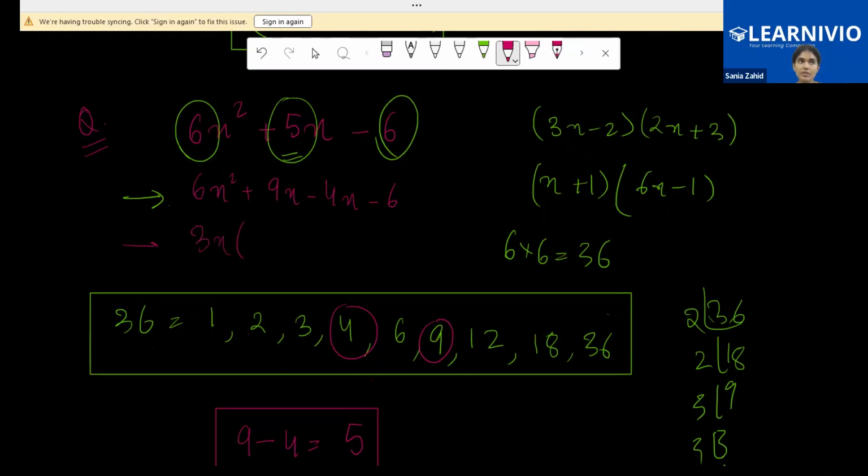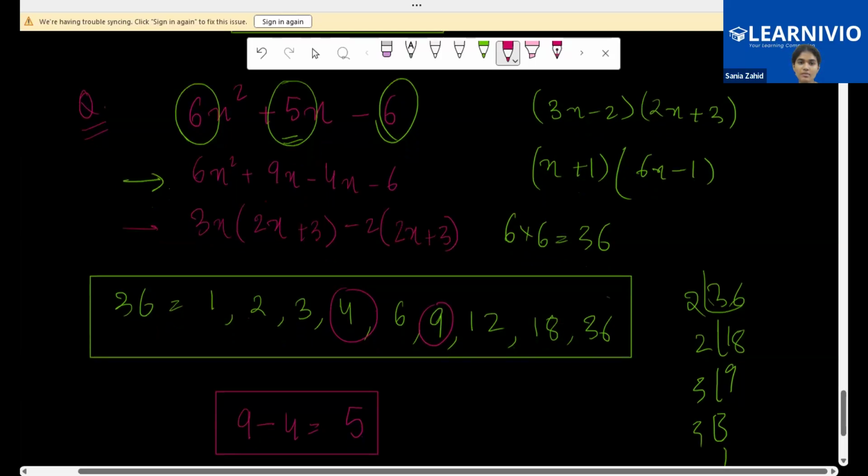Okay, and then what am I left with? 2x plus 3. Okay. Then next, minus 2, then 2x plus 3.